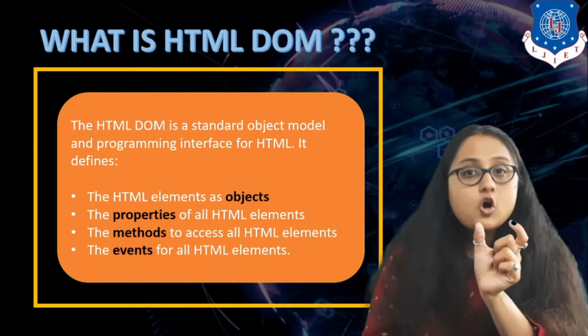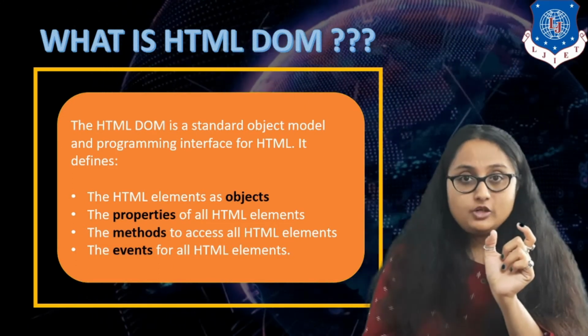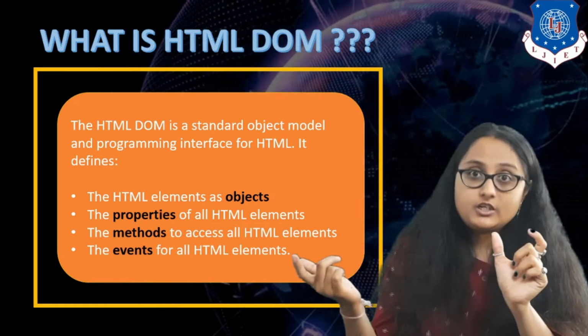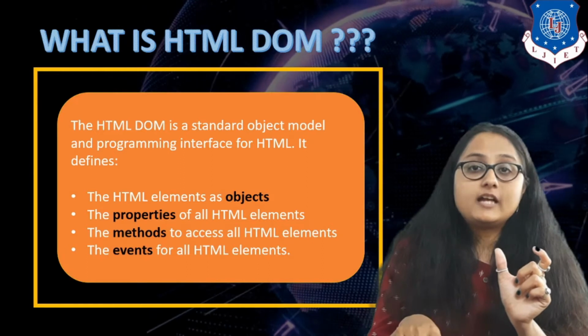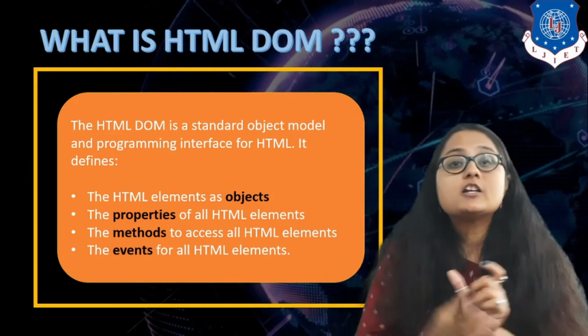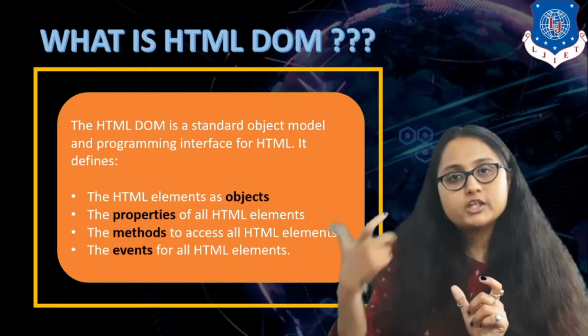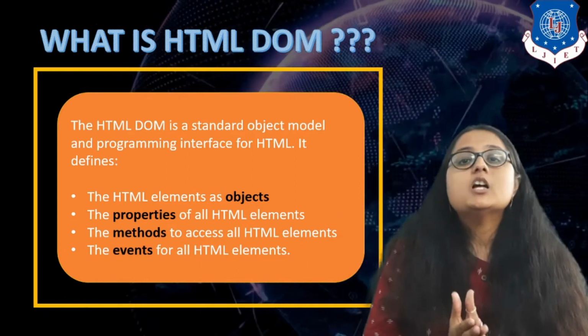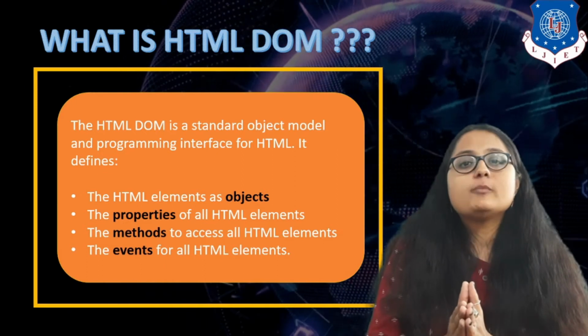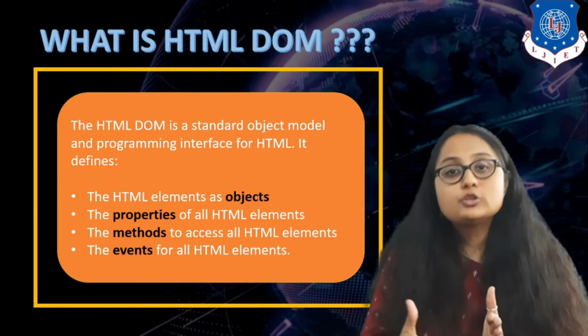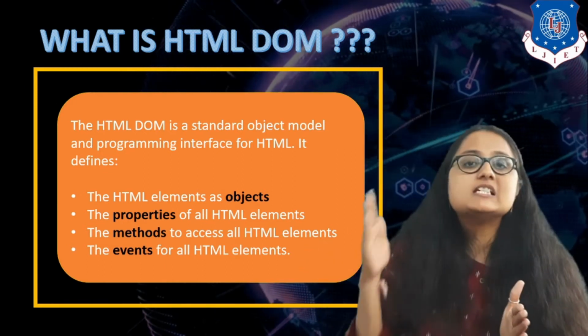The text box that you write in an HTML document is also an object, because JavaScript is accessing that particular text box via document object modeling. So if you are accessing anything via document object modeling with respect to JavaScript, everything is an object.